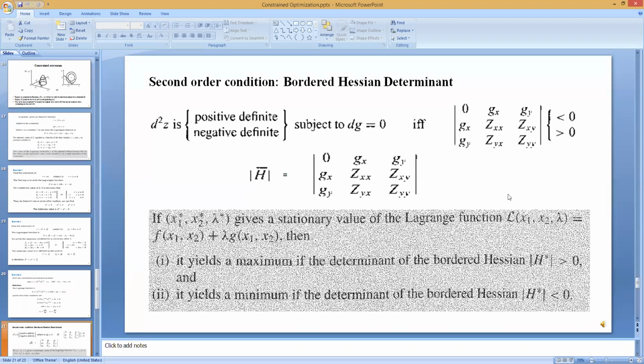Is there anyone who is not understanding the relation? I am starting with positive definite, and then giving its meaning. Positive definite means leading principal minors are positive, which indicates F is strictly convex.